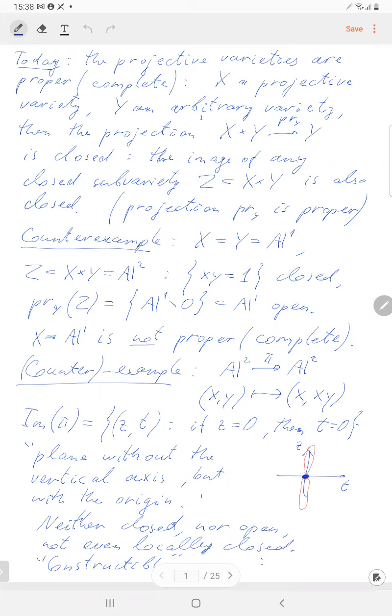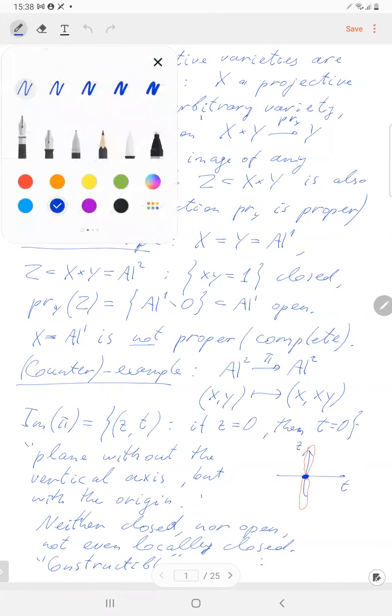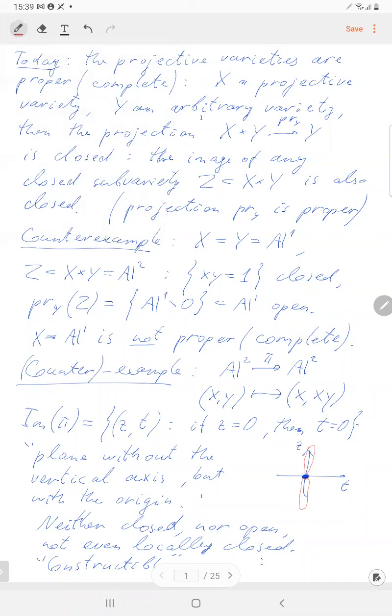That's true. Maybe I should add it somewhere here. I just forgot that also closed, and x is separable. x is always separable, hence projective.